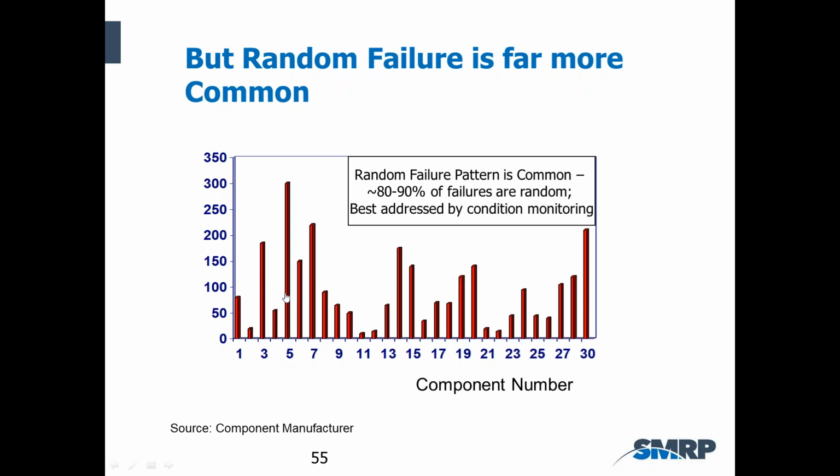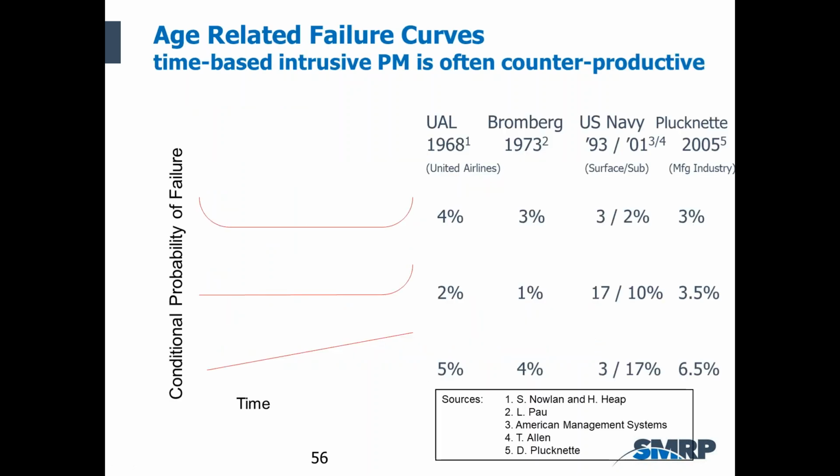If you did a time-based replacement on this equipment, you would actually do yourself a disservice. You'd have more downtime and more costs. So your best bet when you've got a random failure pattern is to do condition monitoring, which includes, by the way, operators doing look, listen, feel, smell, processing, and equipment condition.